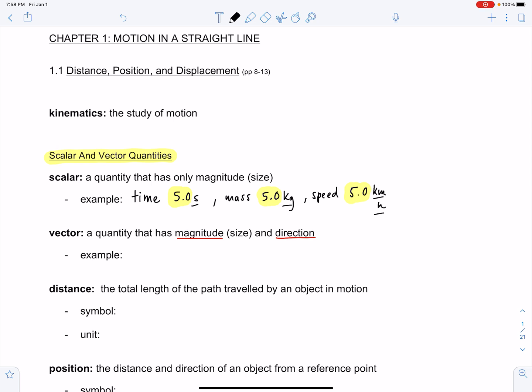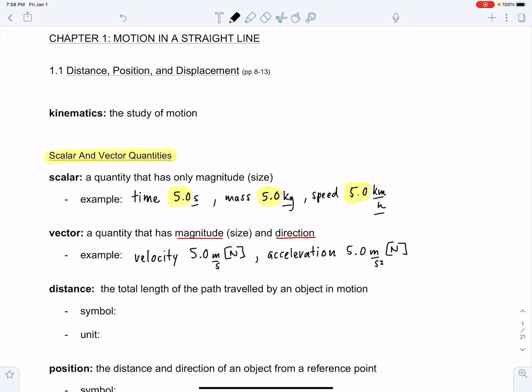One example of a vector quantity is velocity. Example, 5 meters per second north. Second example of a vector quantity is acceleration. An example would be 5 meters per second squared north. We're going to talk about each of these quantities in much detail when we study kinematics this unit.